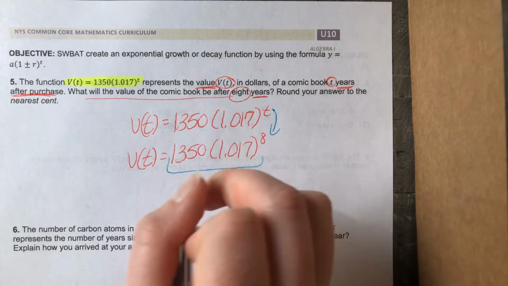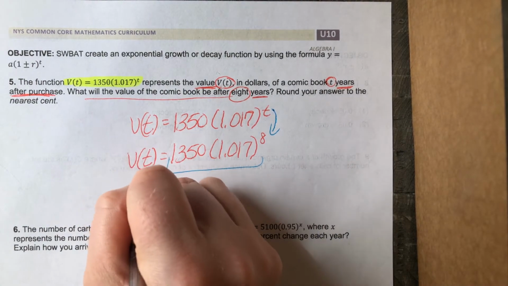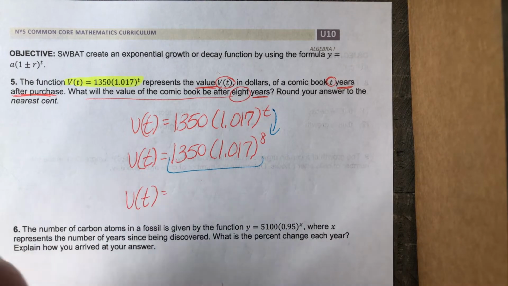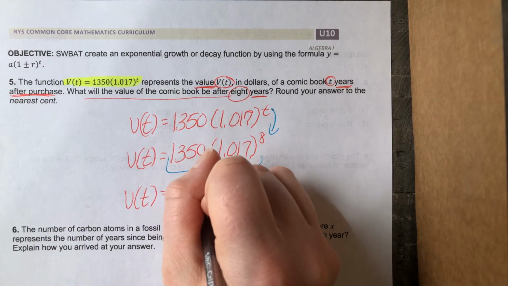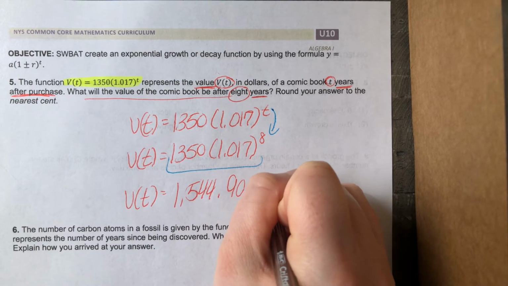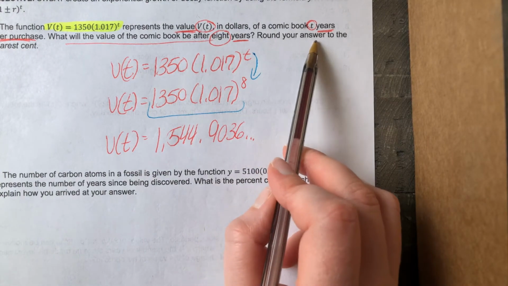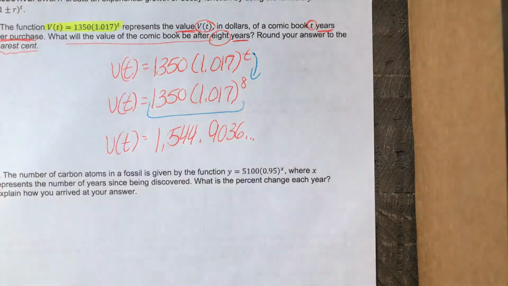Then I'm going to go ahead and type that into my Calculator X app. And I should be getting 1,544.9036... All right, but then again, I have to reread. It says, round your answer to the nearest cent.